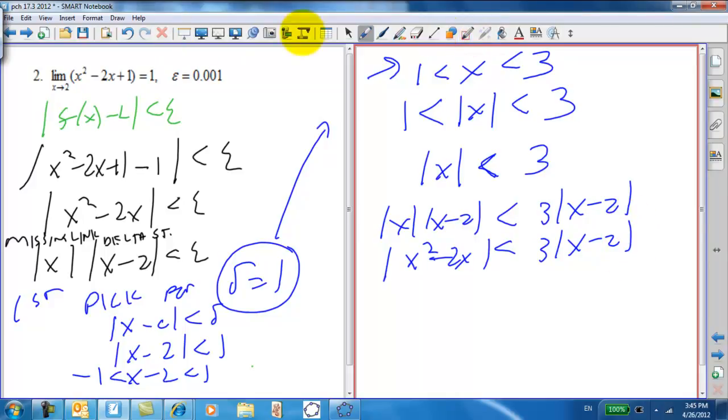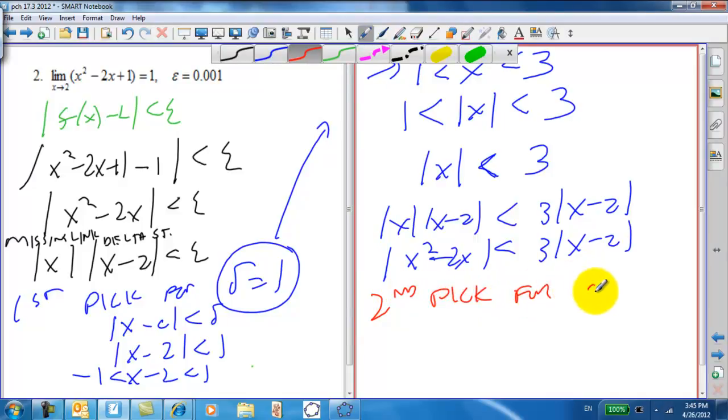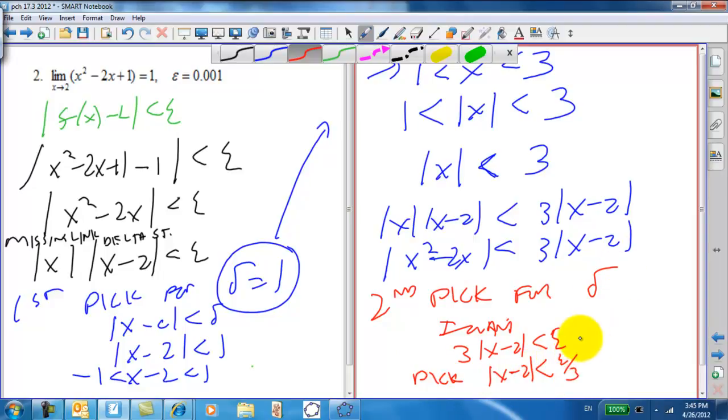Now I'm going to go into red here and make my second pick for delta. And since I want 3 times the absolute value of x minus 2 to be less than epsilon, we pick x minus 2 to be less than epsilon over 3. So you pick delta to equal epsilon over 3.